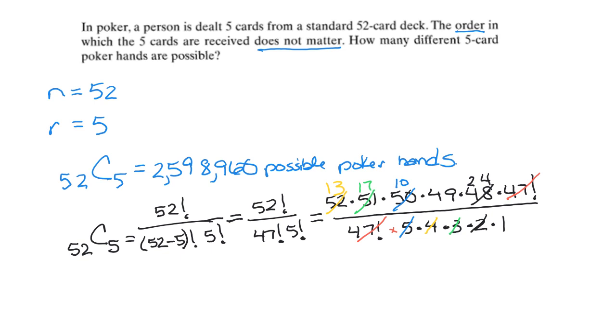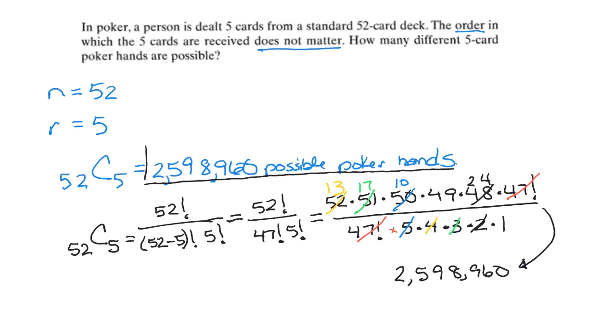So if you take a look right now in our denominator, we have a 1. And then we could take all the remaining numbers, the 13 times 17 times 10 times 49 times 24, and we will get the same number. All right. So this is a combination, and I bet right about now you're really enjoying that calculator. All right, let's go on to the next one.